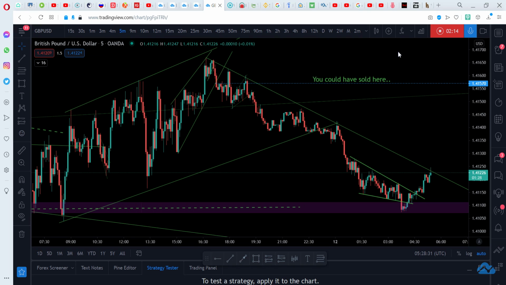And then I again announced in the group that if they had sold here, like I had called out last night, they could have collected profits here. Now look at the distance market traveled overnight, basically.